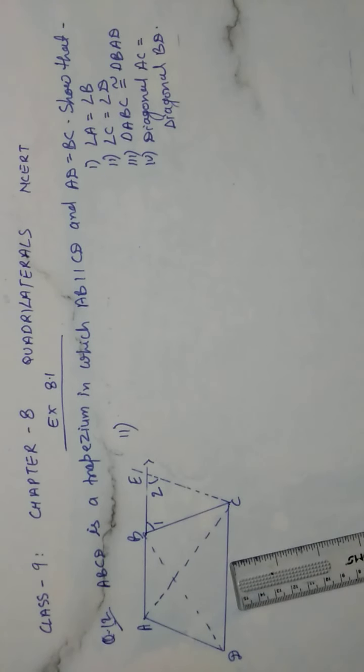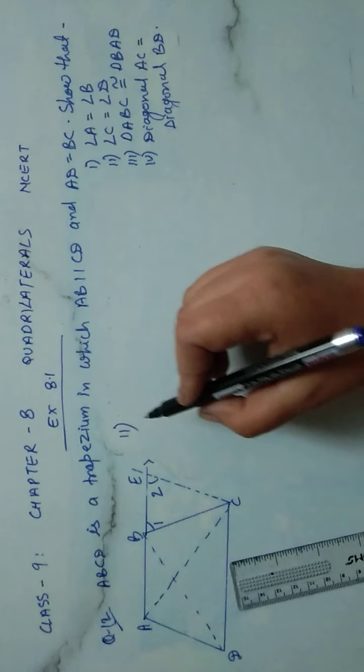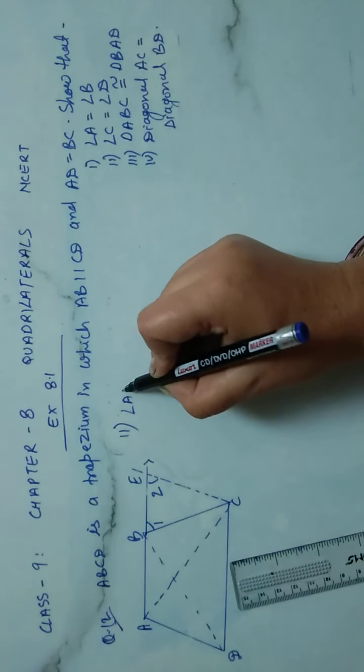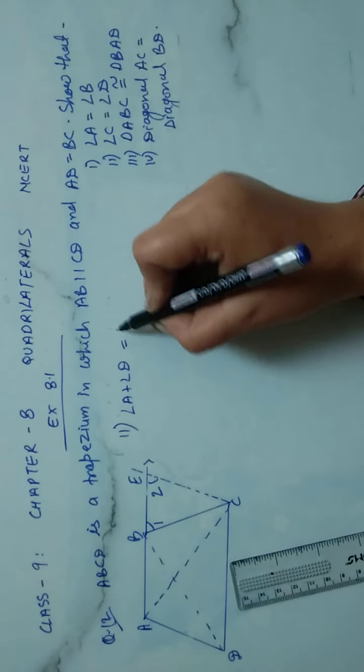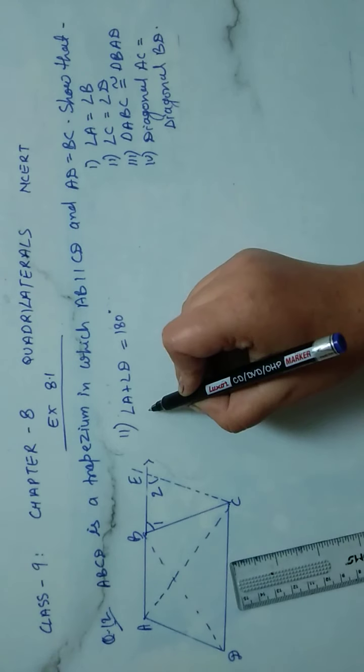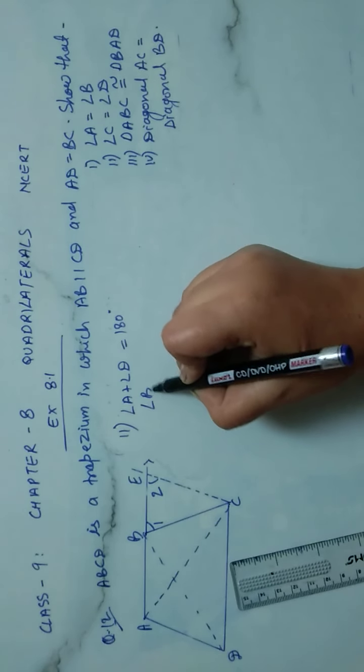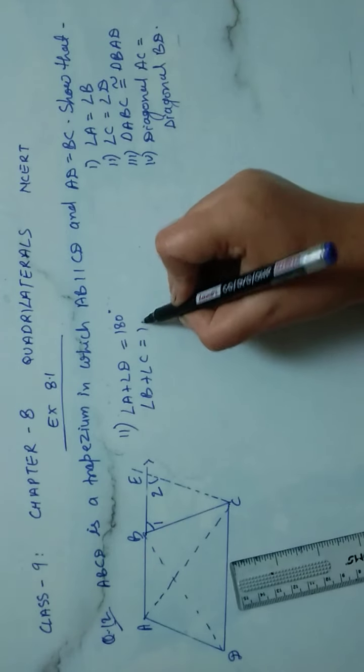Here we will utilize the property of the angles on the same side of the transversal. They are supplementary, the co-interior angles. We can say that angle A plus angle D is 180, as well as angle B plus angle C is 180.